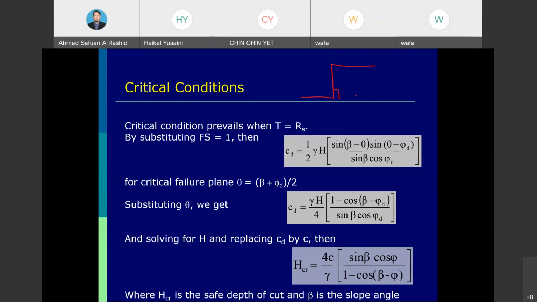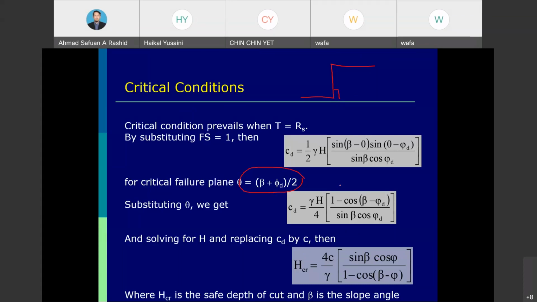We use this equation to determine the critical cut, by assuming that theta equals beta plus phi_d over 2.